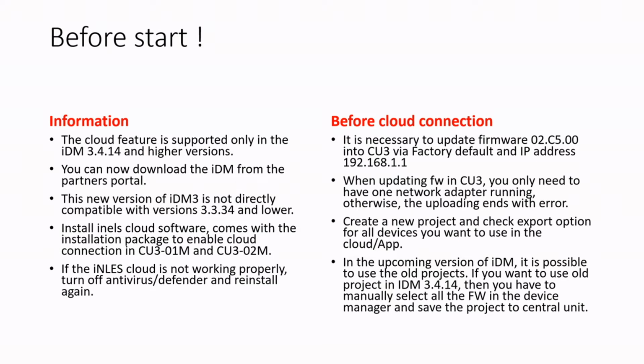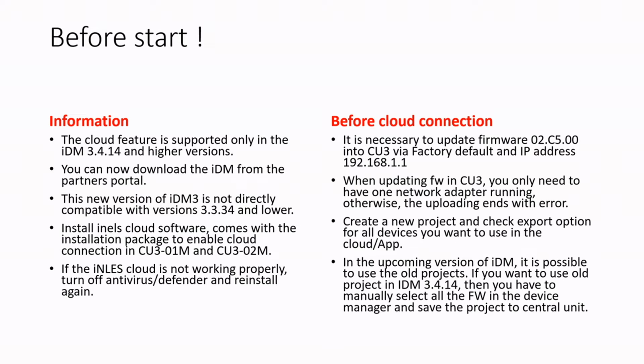To enable the cloud connection in CU301 and CU302M, you have to install another software called Inerts Cloud, which comes along with the installation package. So you have to install that. If the Inerts Cloud software is not working properly, then try turning off antivirus or Windows Defender, and reinstall again.